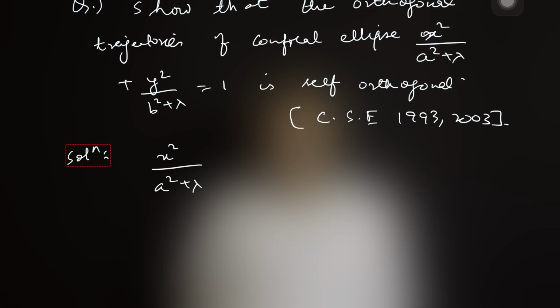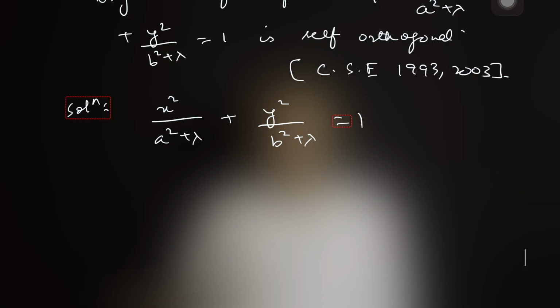So this is the equation of confocal ellipse: x square upon a square plus lambda plus y square upon b square plus lambda is equal to 1. The first mandate is that we differentiate with respect to x.